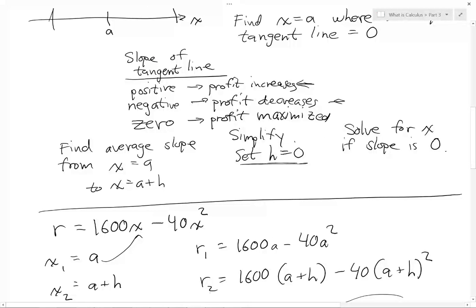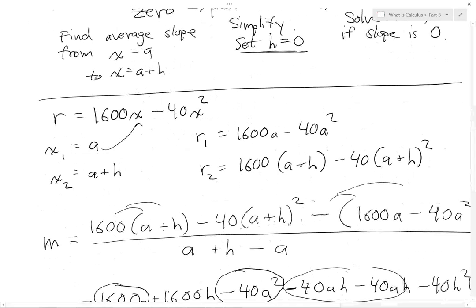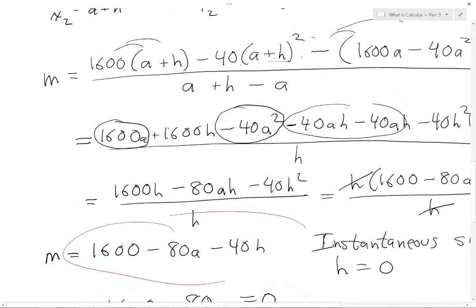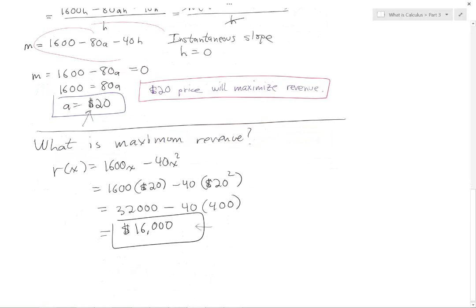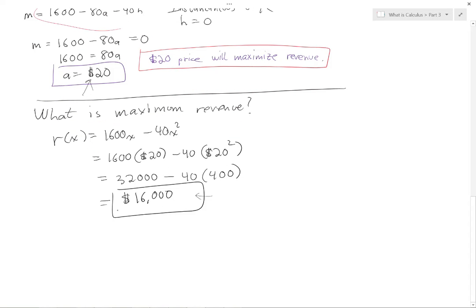And then finally, once we have the revenue formula, we find the slope of the tangent line, which we did in this process here. Set that slope to 0 and see what x value we get, and finally plug that x value back in to find our actual maximum revenue. All right, a lot of ground covered today.